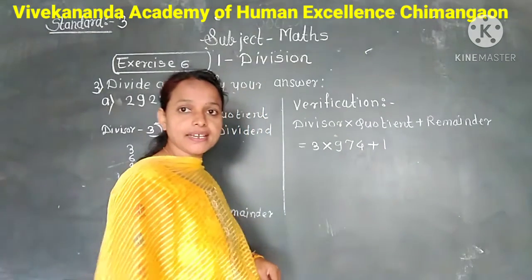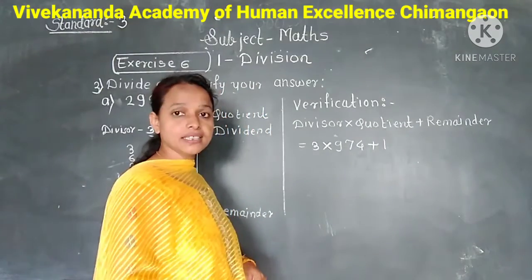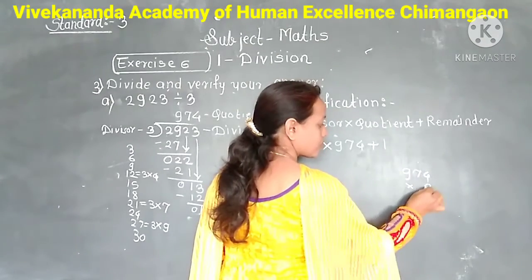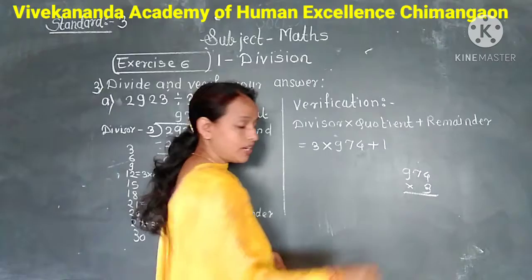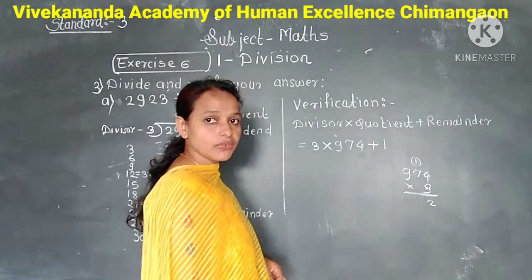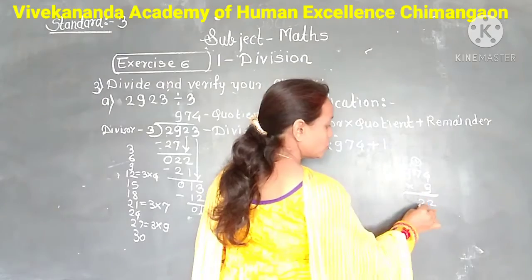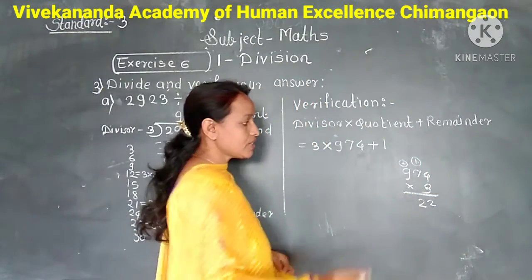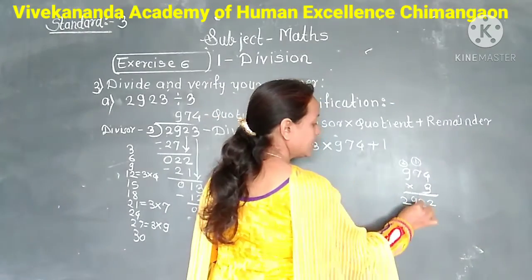Now we multiply 974 by 3. 3 4s are 12, 2 carry over 1, 7 3s are 21, 21 plus 1 is 22, 2 carry over 2, 9 3s are 27, 27 plus 2, 29.